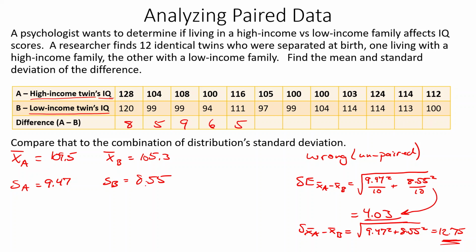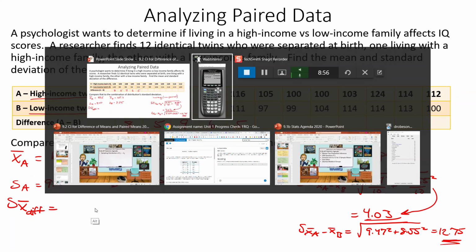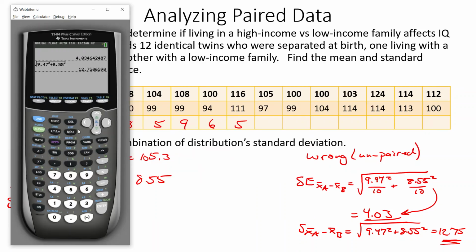So what ends up happening here is we look at the standard deviation of the difference. So we look at the X bar difference, DIFF. All right, and we want the standard deviation of that. So if we do that on our calculator, that'd be, again, a one variable stat.